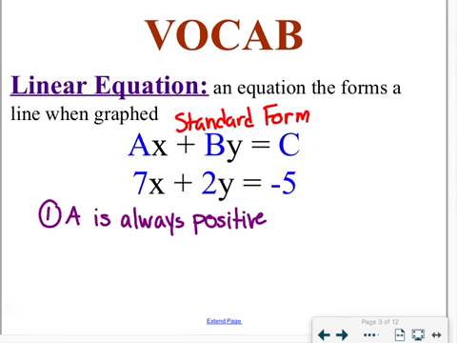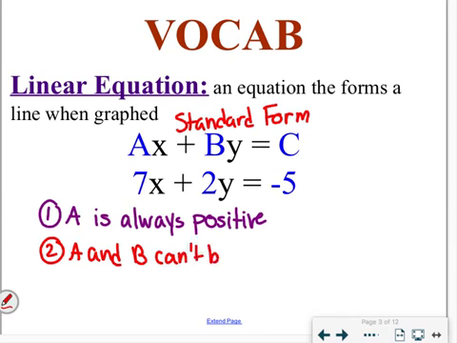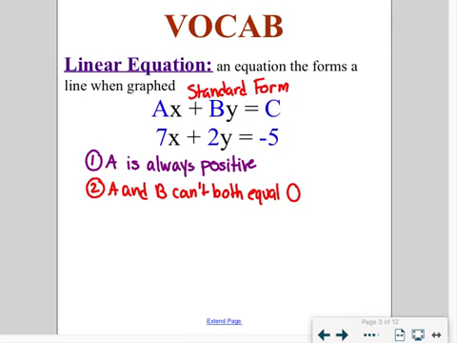The second rule is that A and B can't both equal 0. So you can't have 0x plus 0y is equal to 7. You have to have a number in front of x, or a number in front of y, or in front of both. But it has to be in front of at least one of them, a number that is not 0.